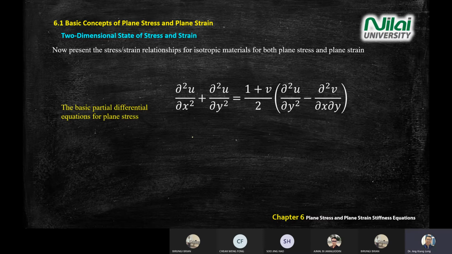Another one you need to recall is the partial differential equation for plane stress. You'll be looking at this equation: the double differentiation of u with respect to x, and this one also y, equal to 1 plus Poisson ratio divided by 2, and so on.